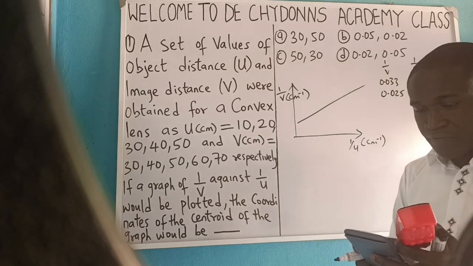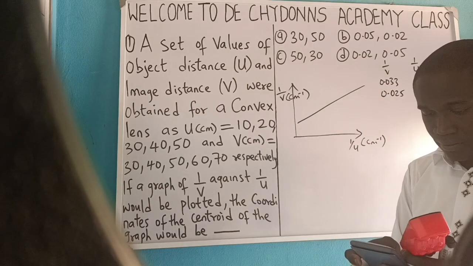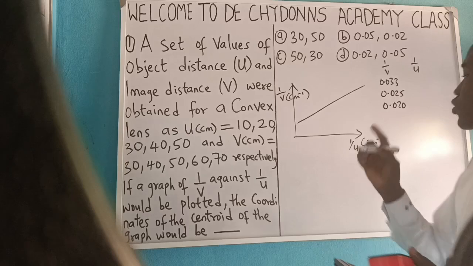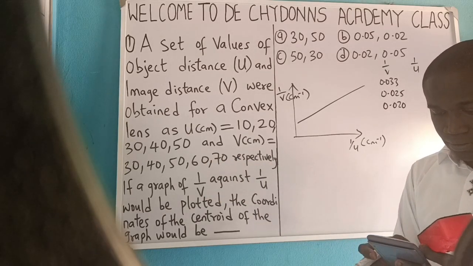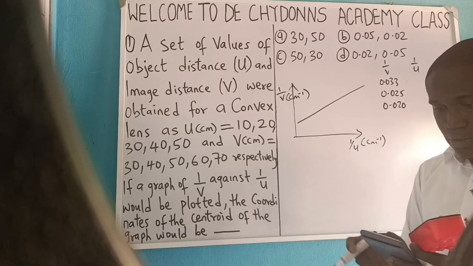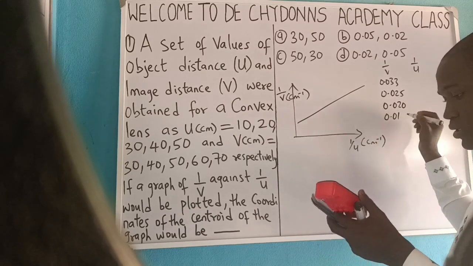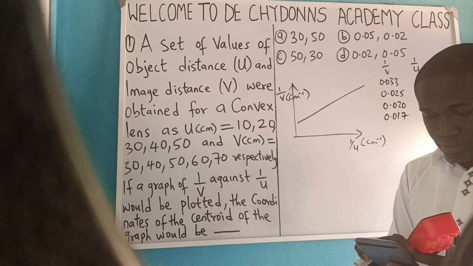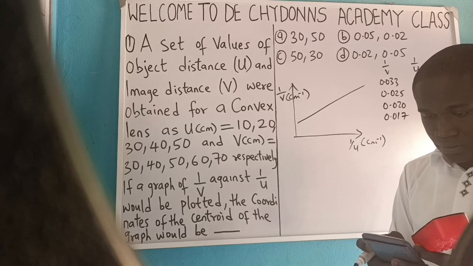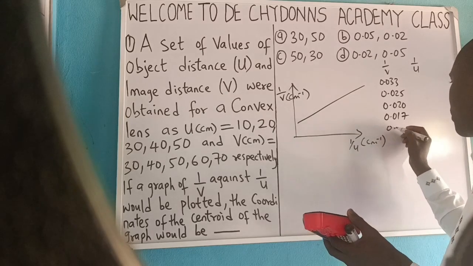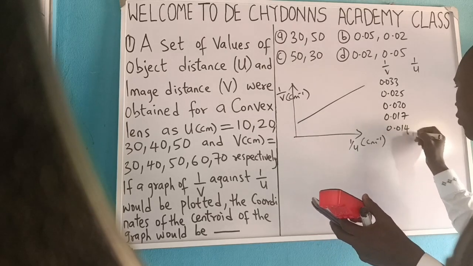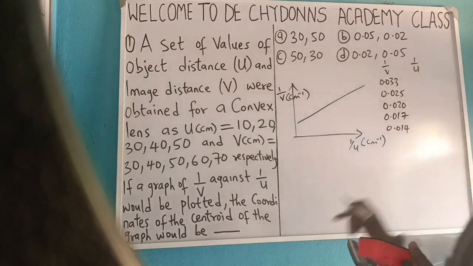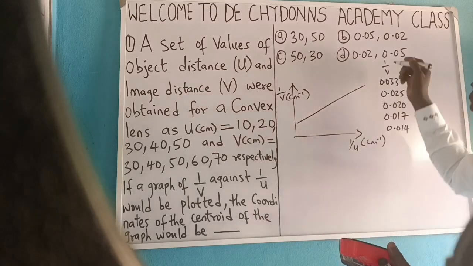You check 1 over 50, 0.020. You check 1 over 60, 0.017. You check 1 over 70, 0.014. We are done. Just use your calculator, get the inverses of these v. That is 1 over v.